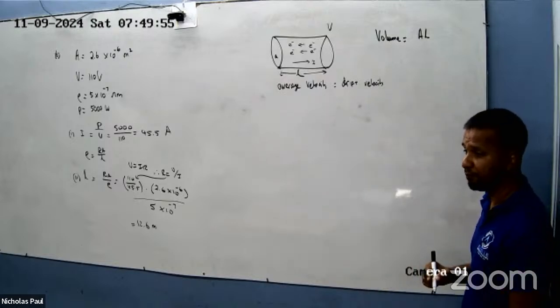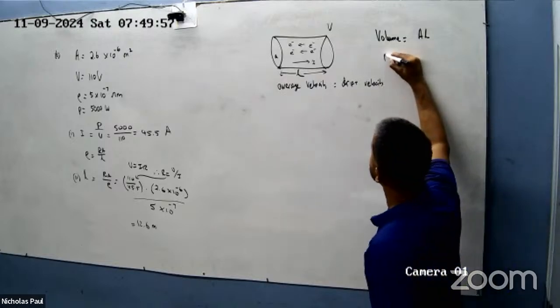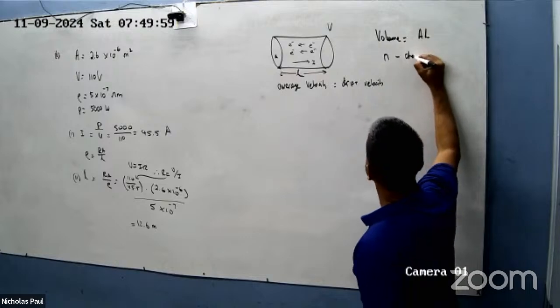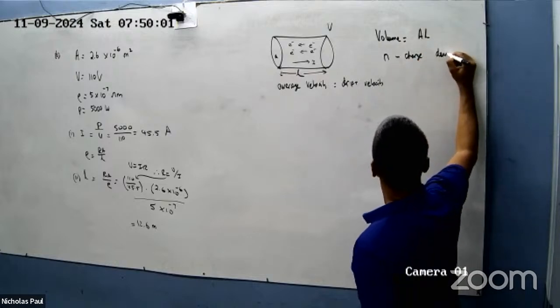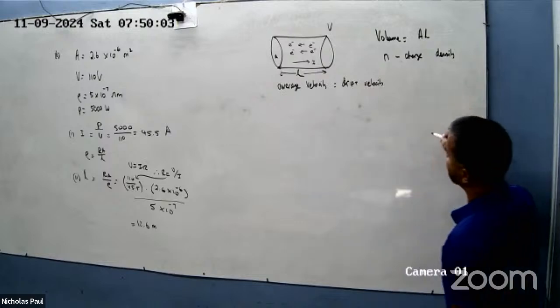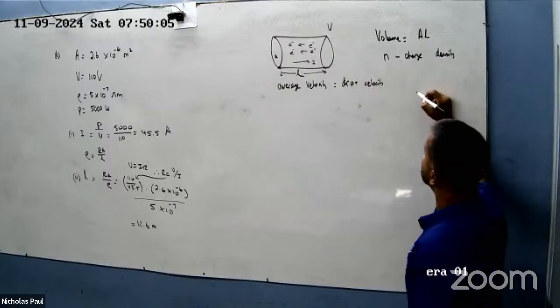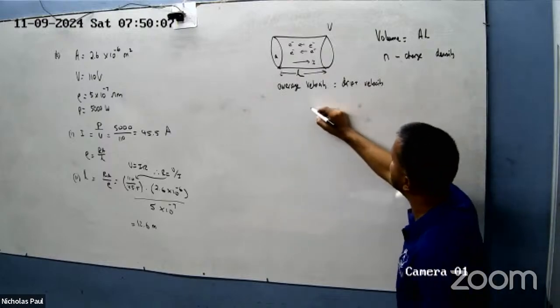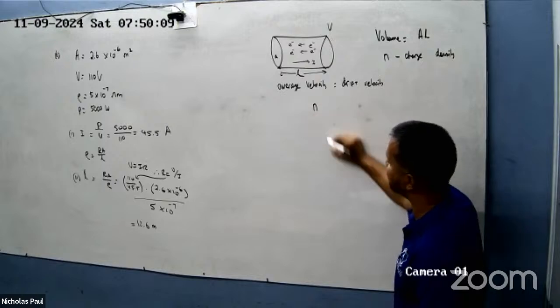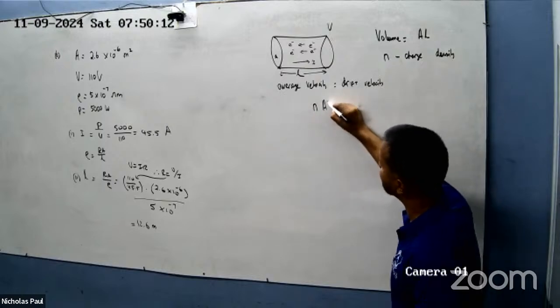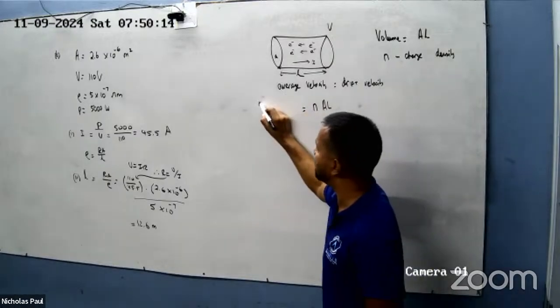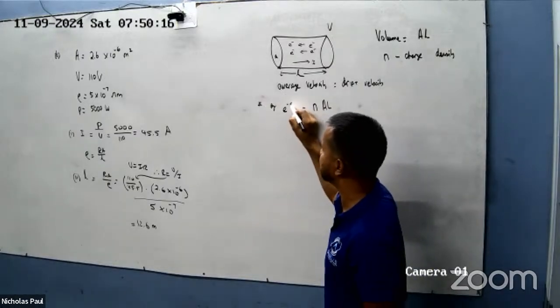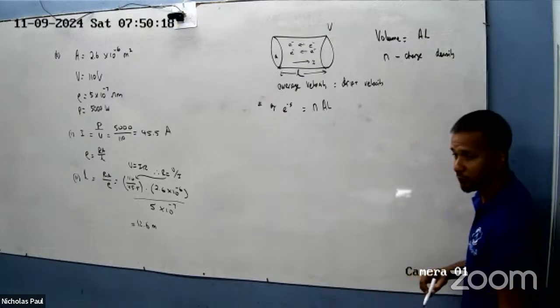That's okay? This n is something called charge density. All right? So if I multiply charge density by the volume, what I will end up with is the number of electrons or charge carriers.